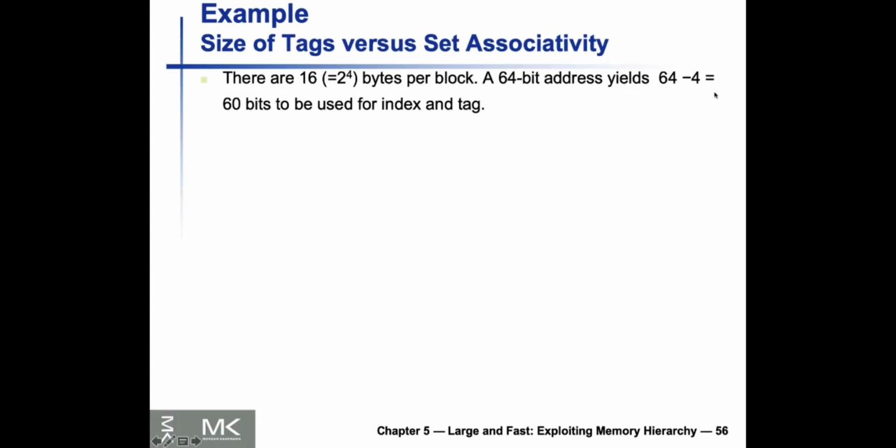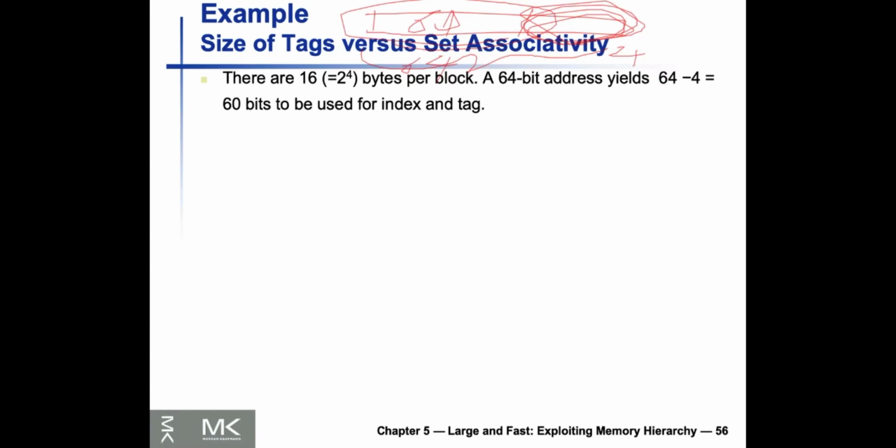That will give us 60 remaining, for both tag and index. So we've already figured out this portion, which was 4. Overall was 64. So this portion comes up to a total of 60. Okay, is that clear so far?